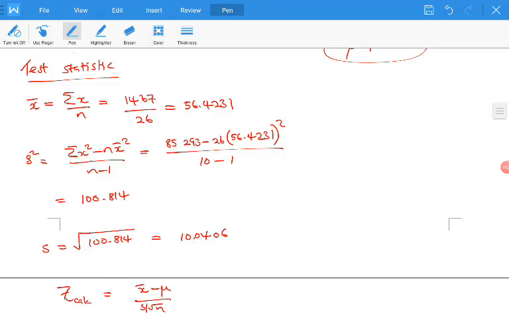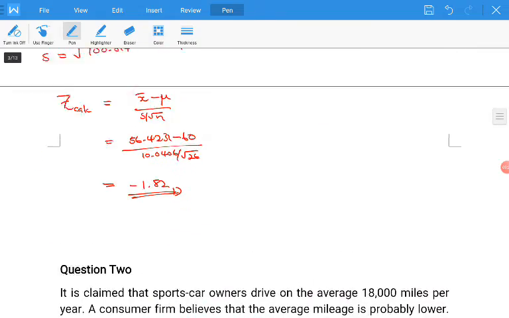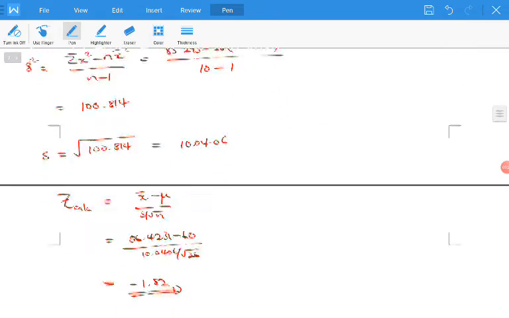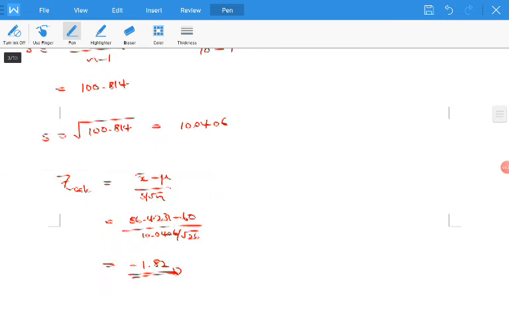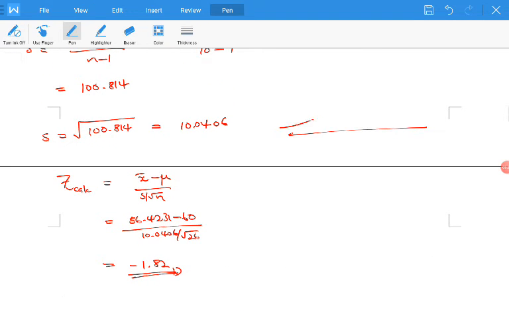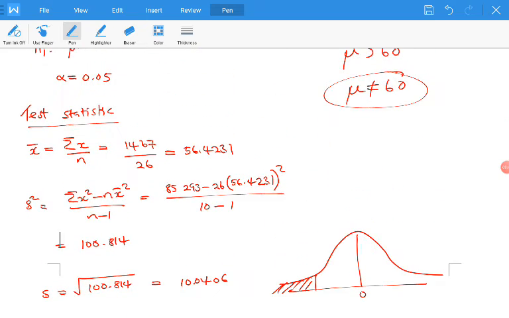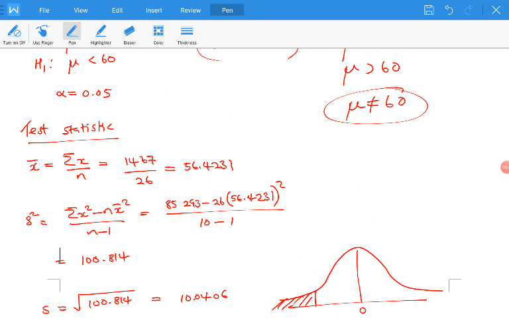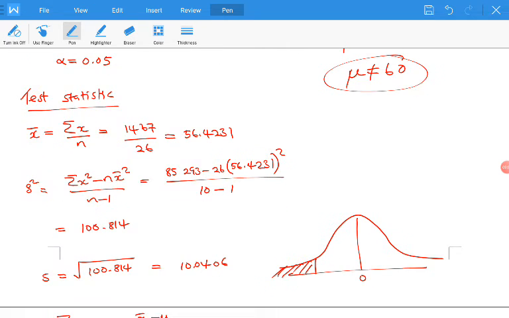So in this case, we have one rejection region. This is the normal distribution. We have 0 in the middle. So our critical value is going to go to the left side, the side which is being pointed by this arrow. If it is less than, it goes to the left side.